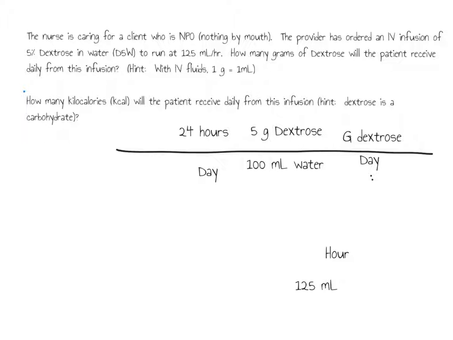Okay, we have this solution running at 125 mLs per hour. So we'll make sure that our mLs cancel out and our hours cancel out. They're not in the answer, so what we're left with is grams of dextrose over a day. So we know we set the problem up right, and we multiply it out.